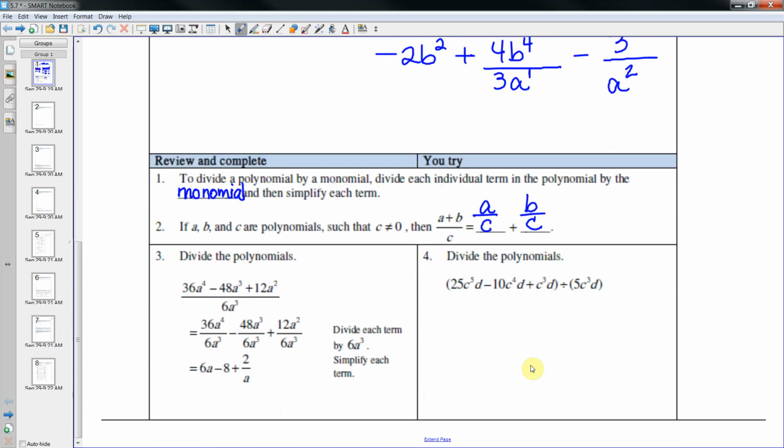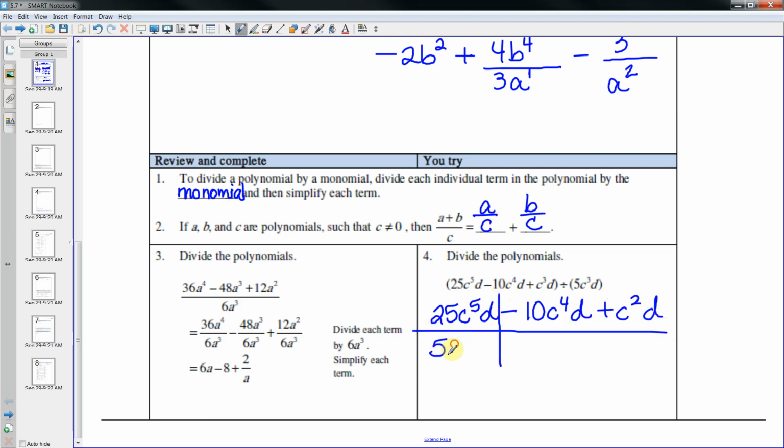Okay, let's do this last one at the bottom. 25 c to the 5th d minus 10 c to the 4th d plus c squared d. And then I'm dividing by positive 5c cubed d.